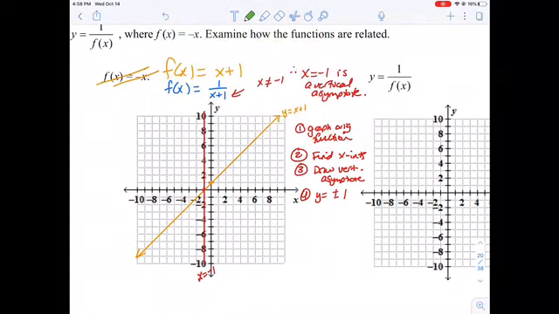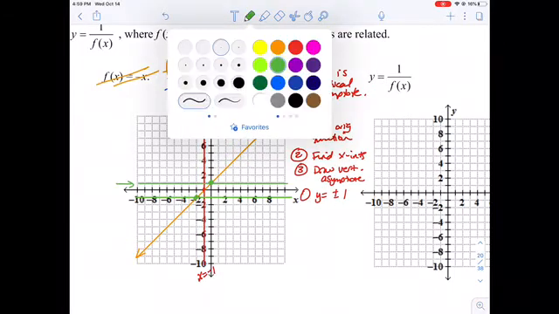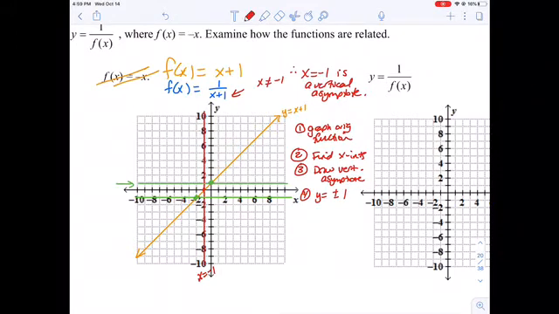So I know that y is equal to 1 anywhere along this line. This green line is y equals 1, and this is y equals negative 1. So I can see right away that the reciprocal of 1 will be 1, and the reciprocal of negative 1 will be negative 1. So therefore, I can draw those lines, and I can find my invariant points, okay? These are invariant points.